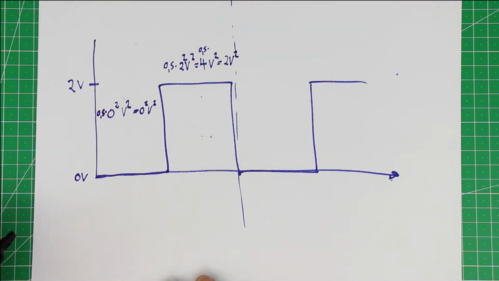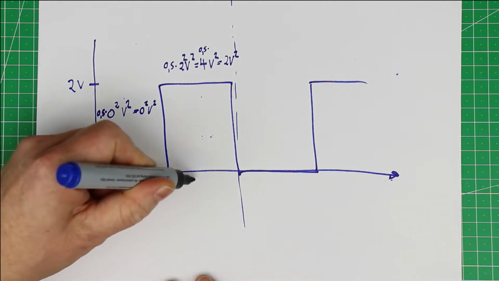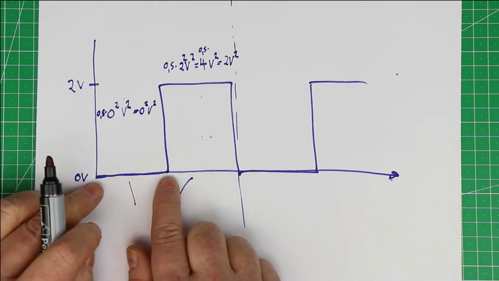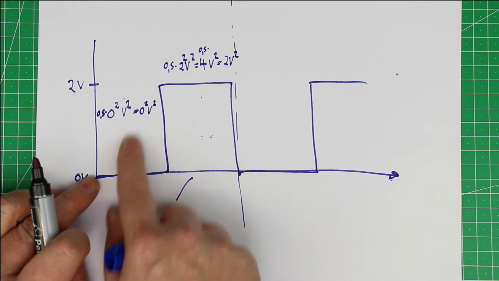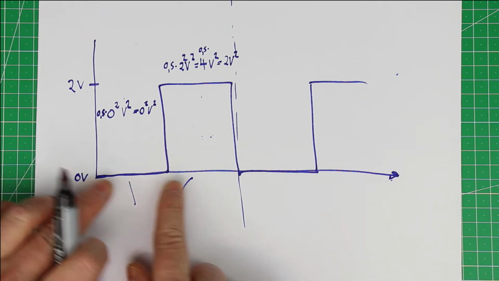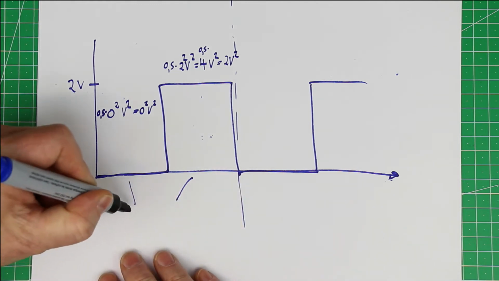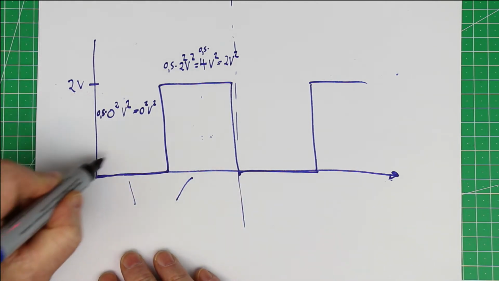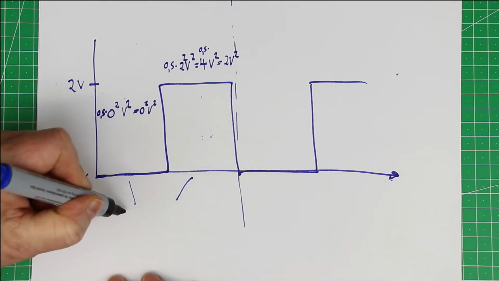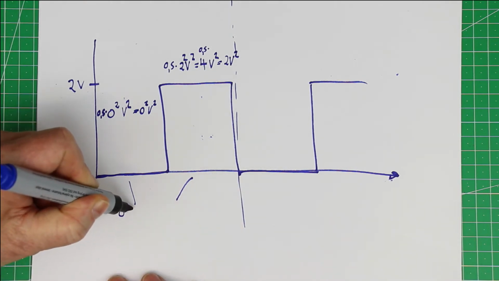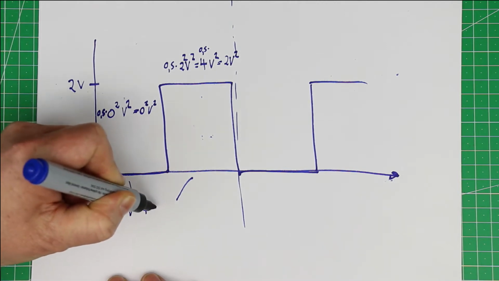squared. So now we have to sum up the weighted squares. Why are they weighted? Because we have multiplied them with their relative time, or with their relative part of the whole period, and we get 0 squared plus 2.